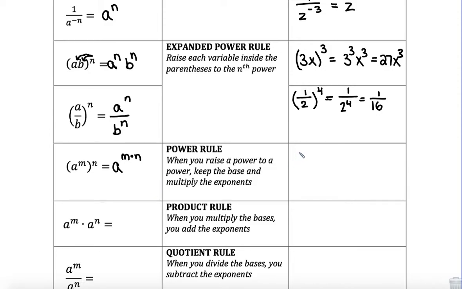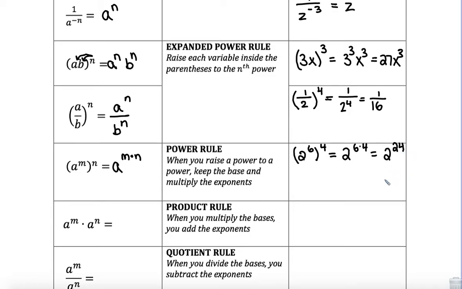For example, if I had 2 to the 6th, and then I raise it to the 4th, that's going to be 2 to the 6 times 4th. So that's 2 to the 24th.